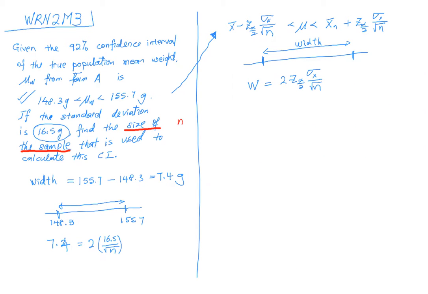Okay, Mikia, can I know what is the corresponding z alpha over 2 for 92% confidence level? Like Z score? I don't know.